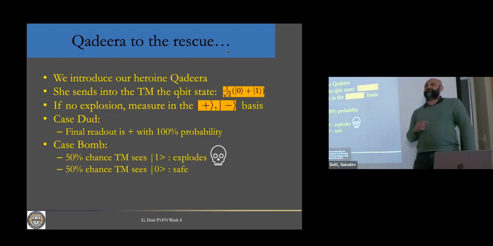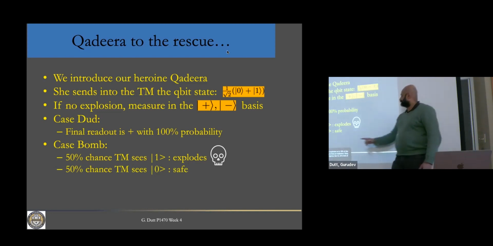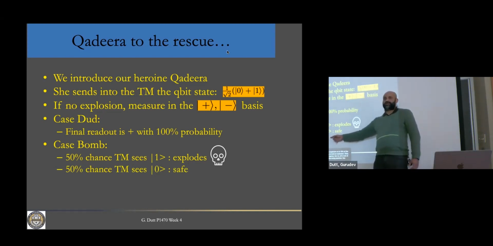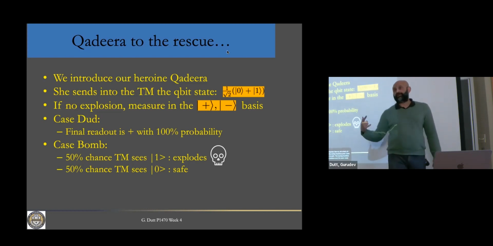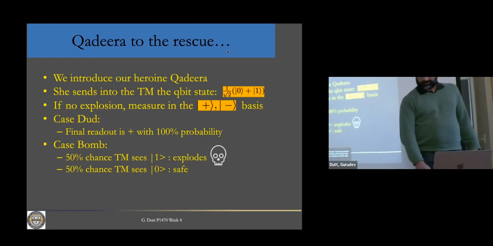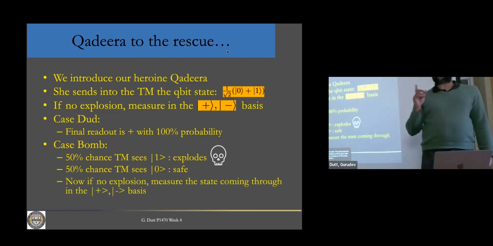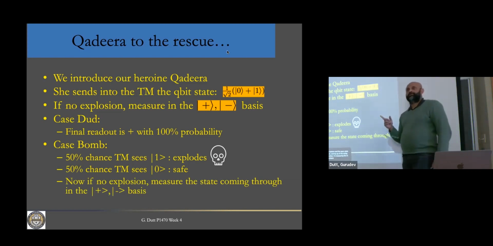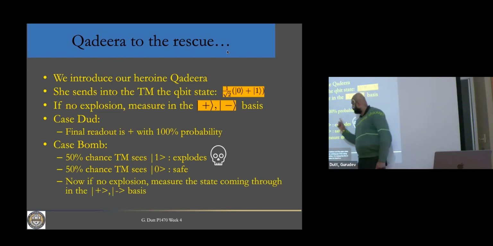But now let's look at the 50% cases where the Turing machine sees the 0 state. We are safe. The Turing machine will not activate the bomb, and the output state will now be 0. Correct? Coming out of the Turing machine. And remember, I'm measuring this in the plus or minus basis. So there's a 50% probability that I'll get a minus state.